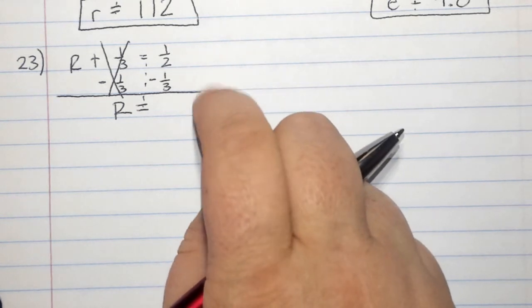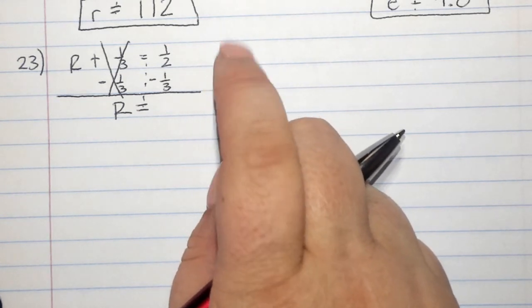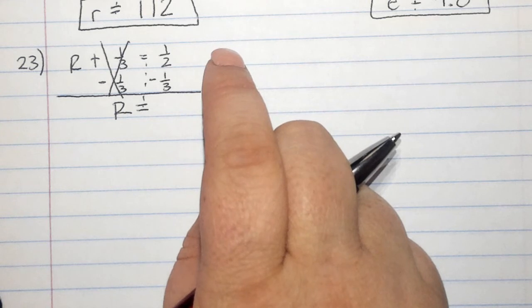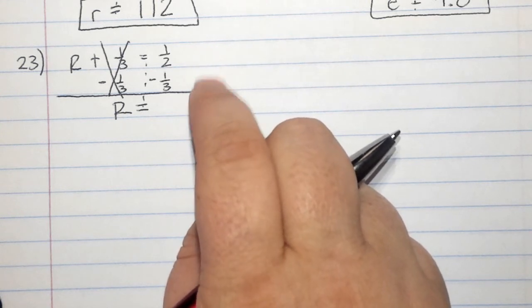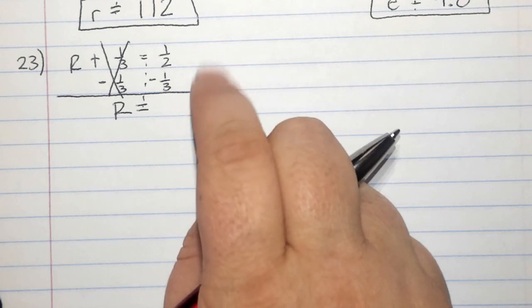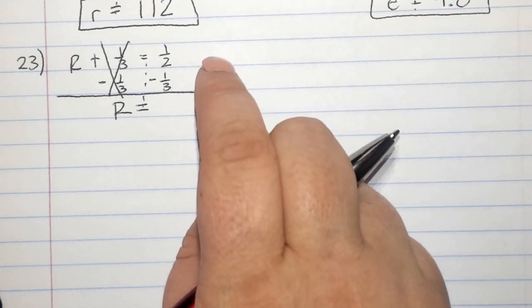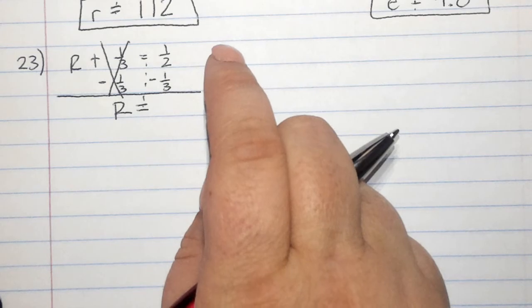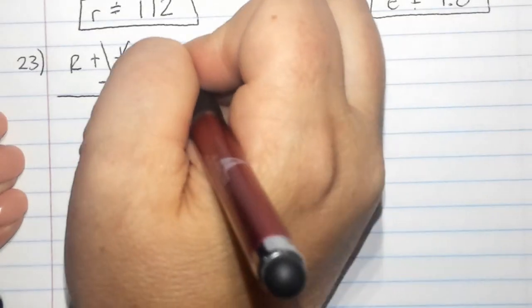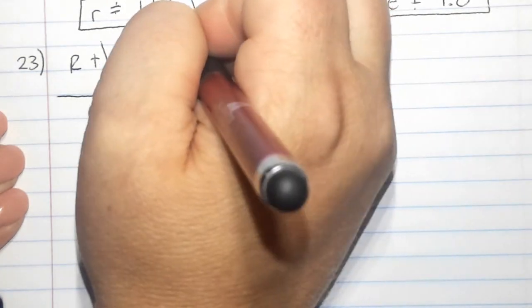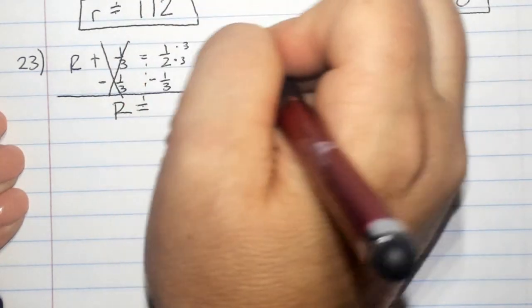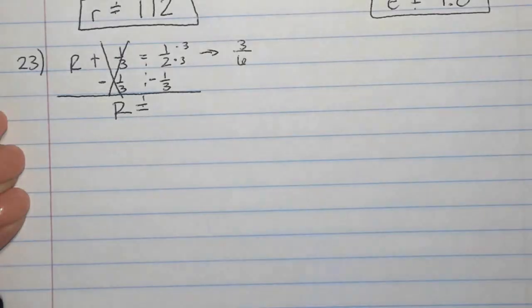All right, here's where we got to think a little bit. When I'm subtracting fractions, what do they have to have? The same denominator. Do these have the same denominator? No. So what would be a good denominator that I could use for the 2 and the 3? Ellie? 6. I can use 6 because I can multiply 2 by 3. And if I do it to the bottom, do it to the top. So that's going to change to 3 over 6.